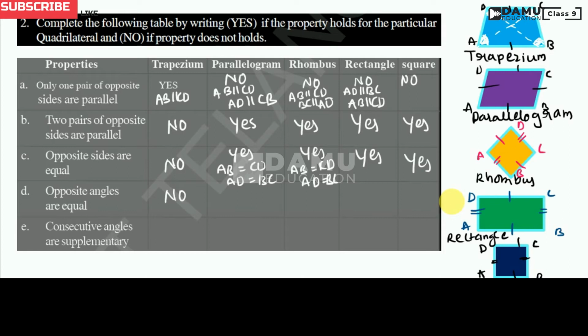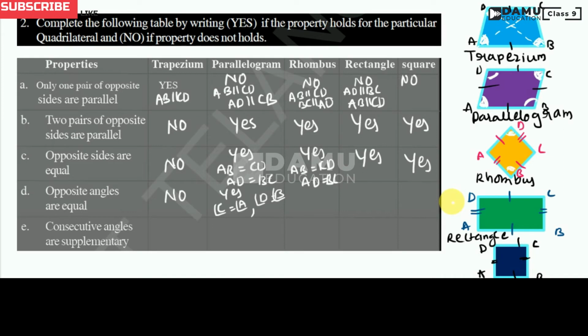So in a parallelogram, you can write, opposite angles are equal. These angles are equal, that is angle C will be equal to angle A, then angle D will be equal to angle B. In rhombus also like this only.